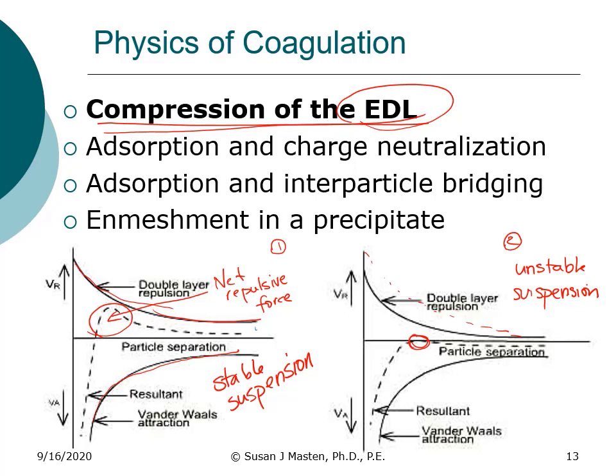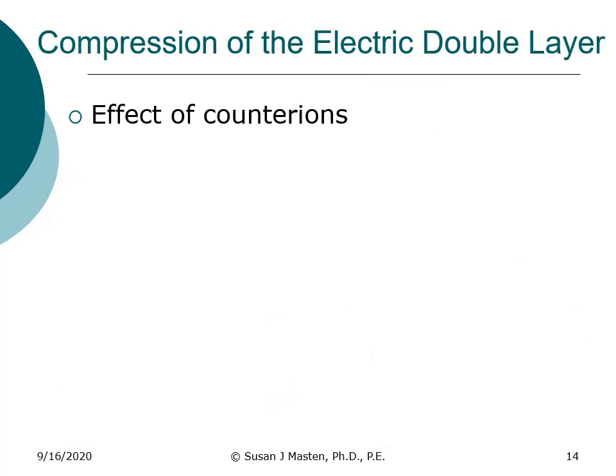And then in this case here, we have a double layer repulsive force, and we have our attractive force, and again you can see here where we have a net 0 potential energy, and we have an unstable colloid because these particles, when they come together, they will tend to stick.